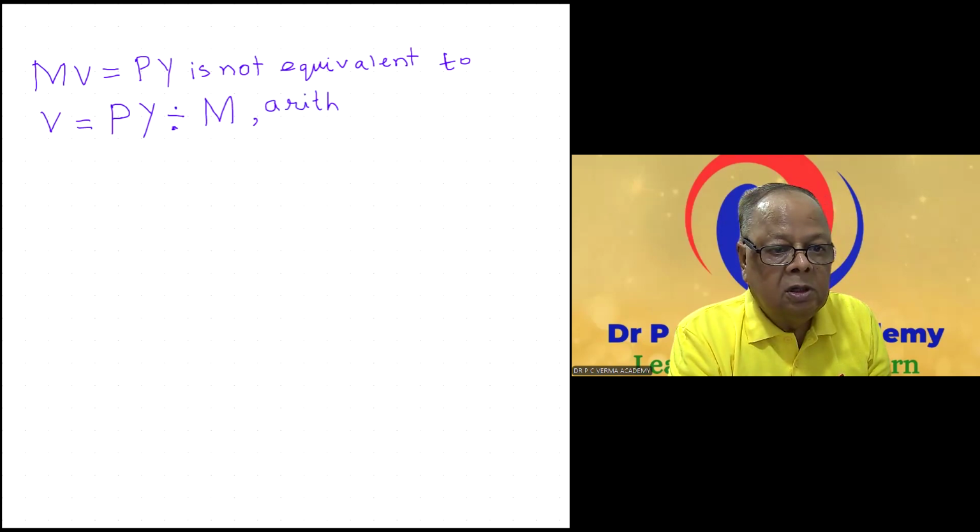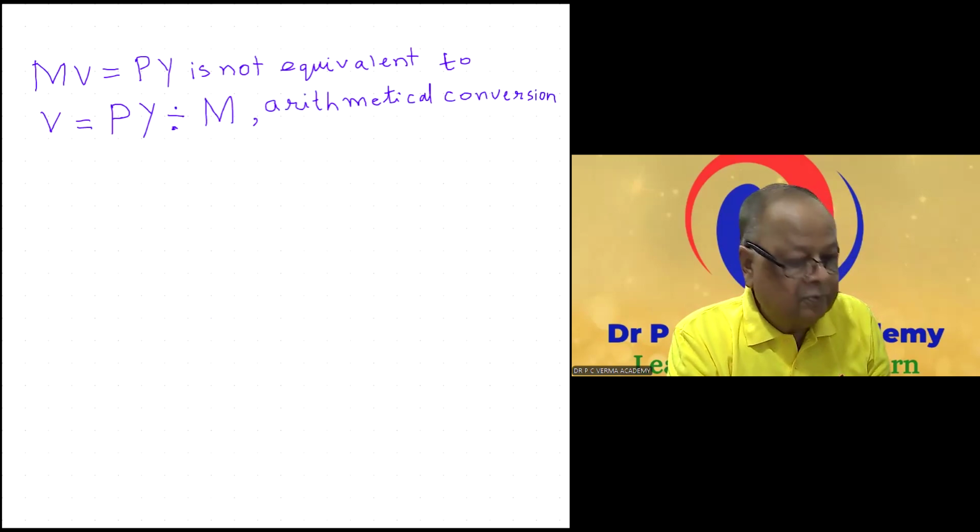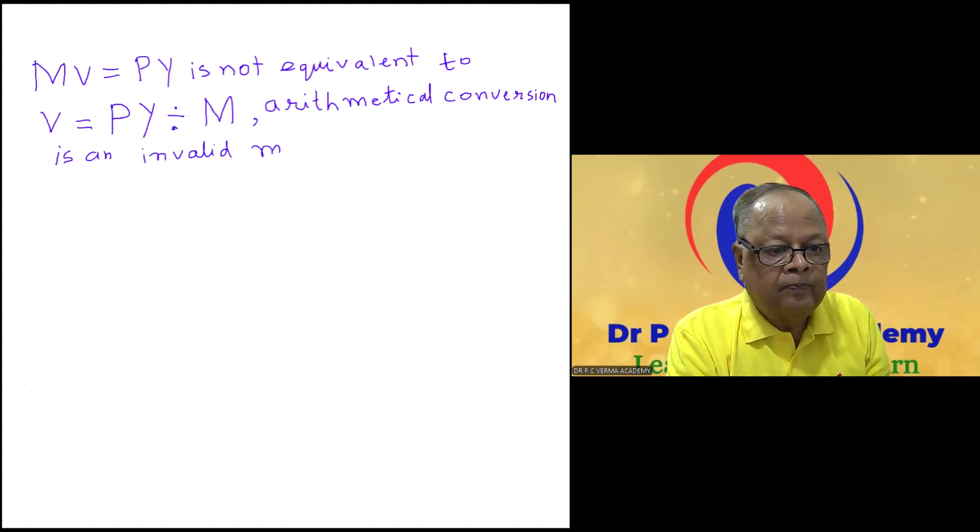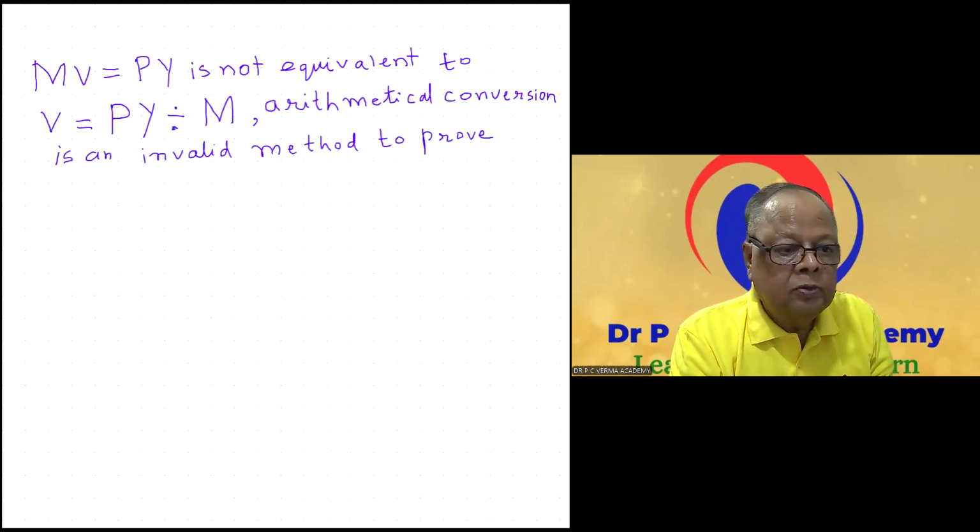Arithmetical conversion is an invalid method to prove MV is equal to PY.